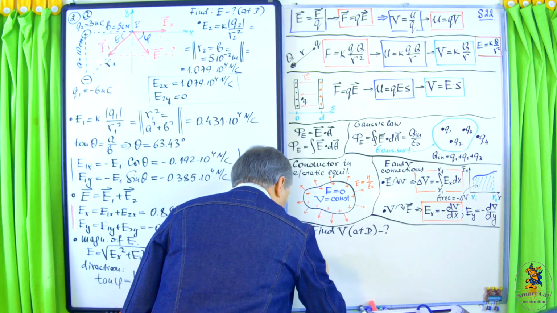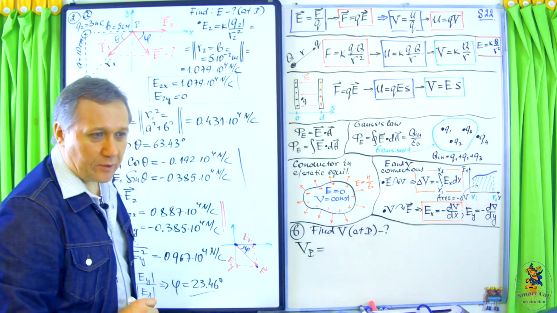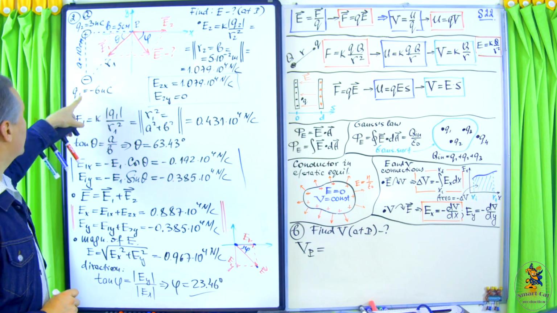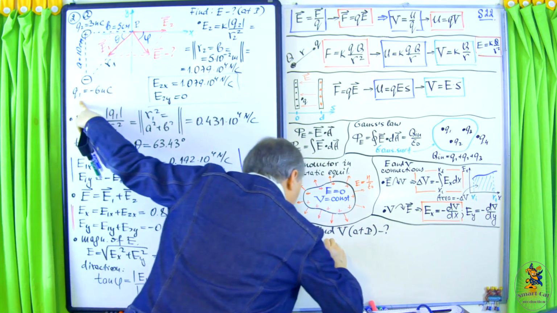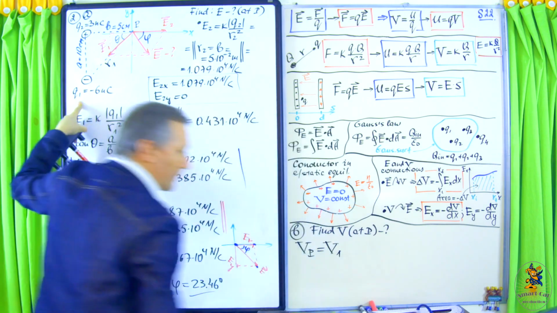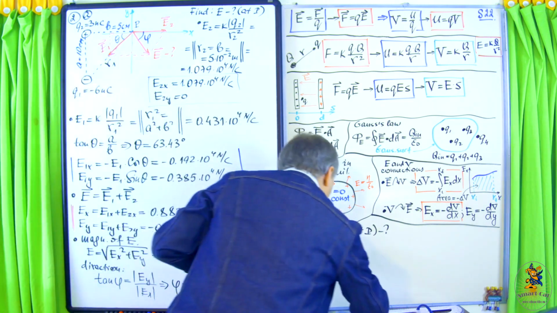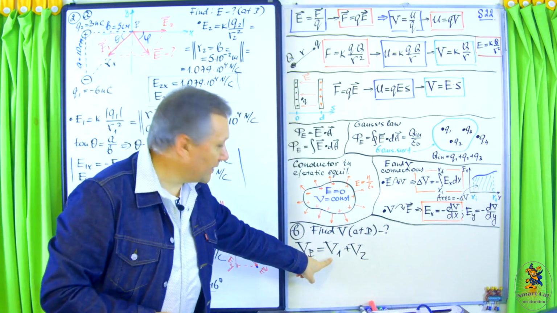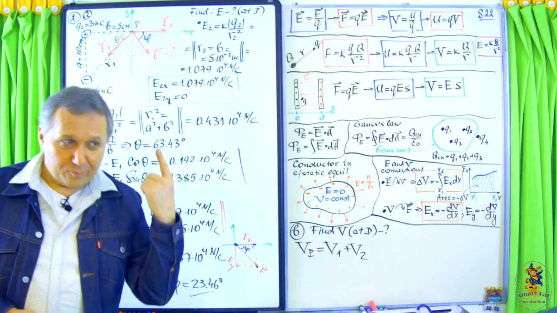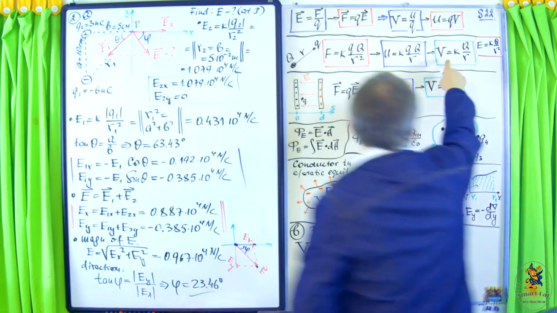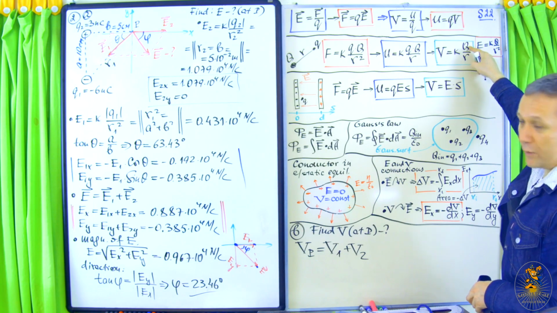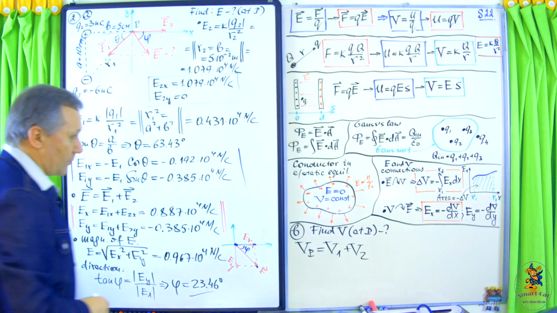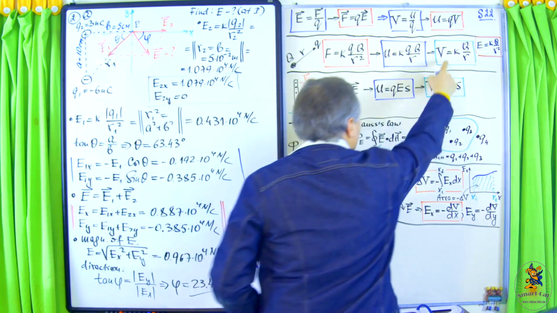So V at P, subscript P I decided to use, will be the contribution from the charge Q1, V sub 1, plus the contribution from the second charge, V sub 2. And the expression for the electric potential created by a point charge is over here: k, the value of the charge, divided by the distance from the charge to the point where you want to find the electric potential. So now we just need to apply that formula twice.